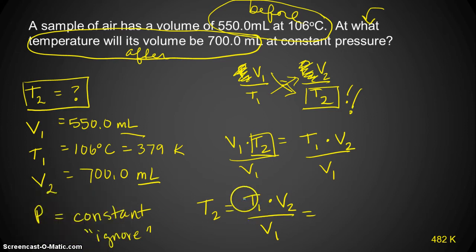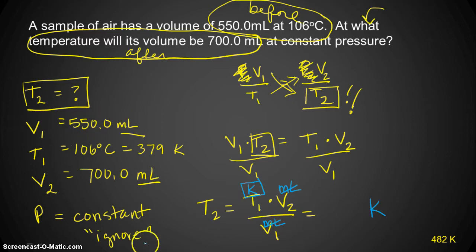So this temperature, T1, is in Kelvin, so I have a Kelvin on top. V2 is in milliliters, and V1 is also in milliliters. So the milliliters and the milliliters will cancel, and my final unit should be in Kelvin, which is good because it's a temperature.